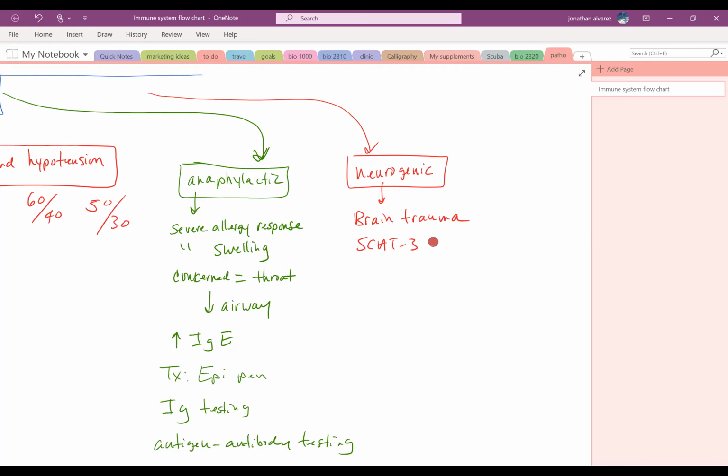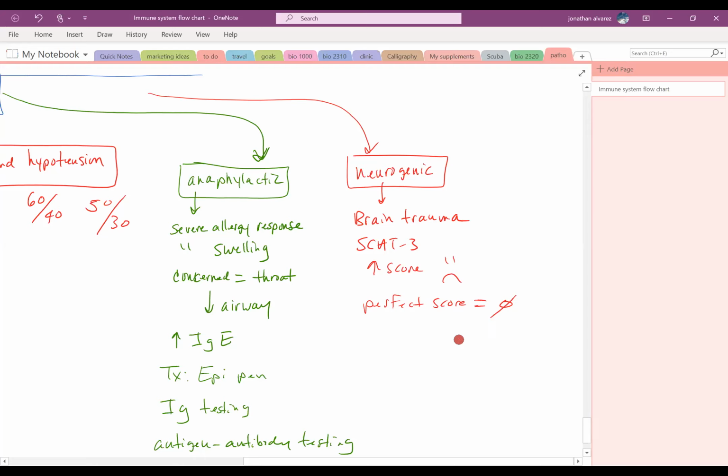So the SCAT-3 is an exam basically that you do on someone, okay? The higher the score, the worse it is. So a perfect score is a 0, okay?